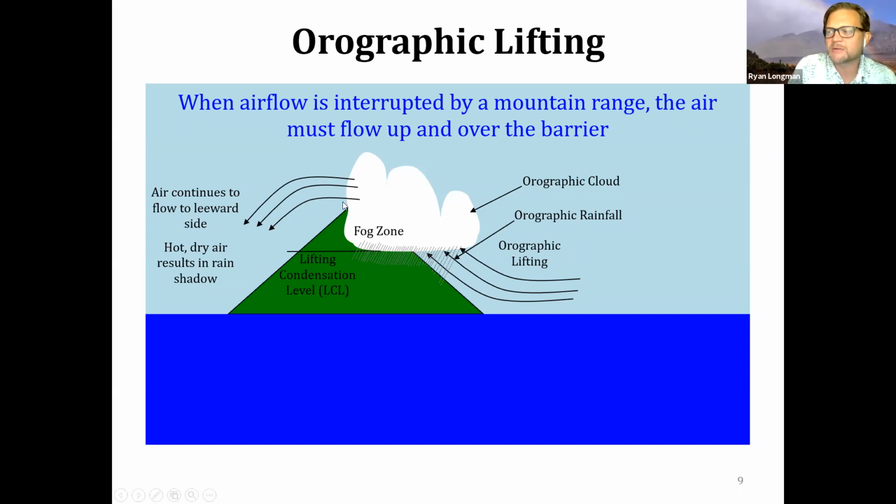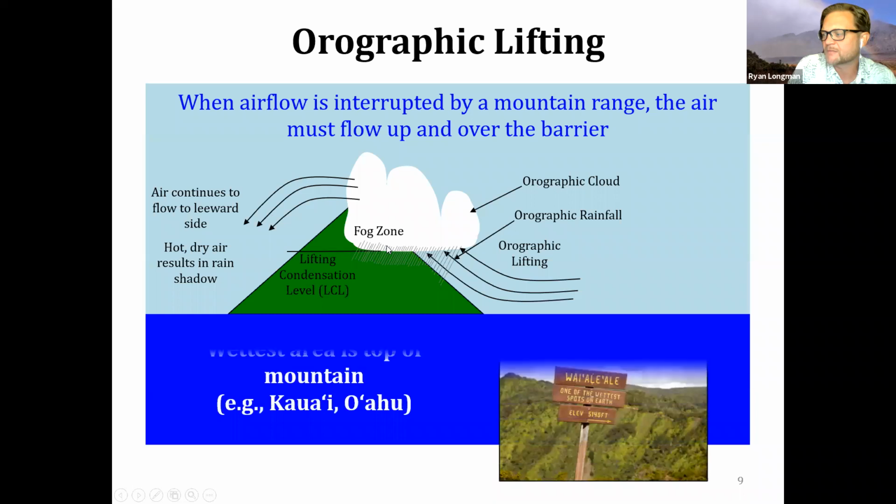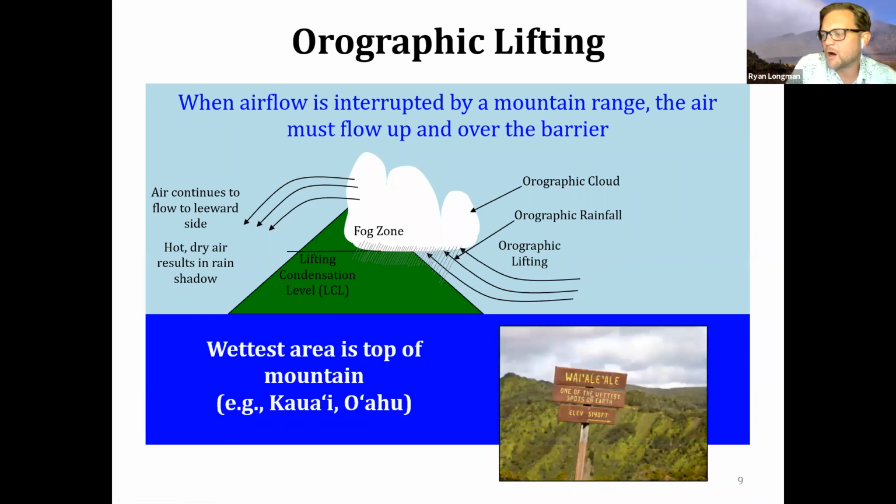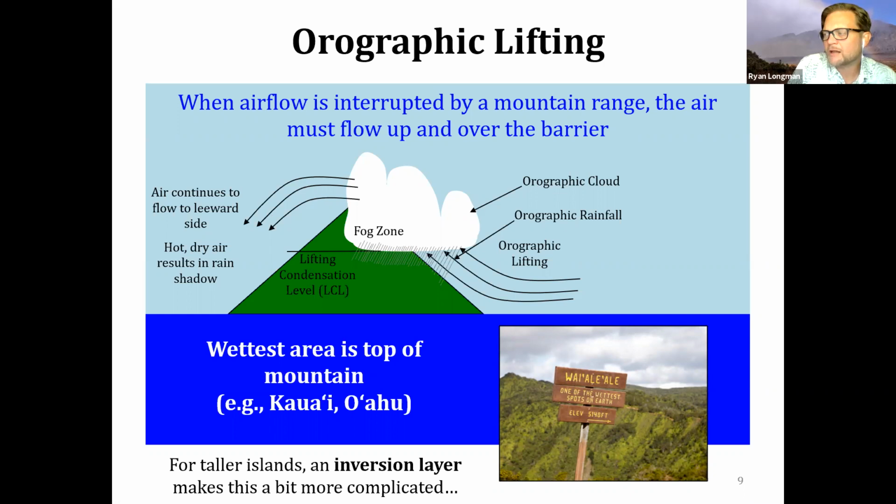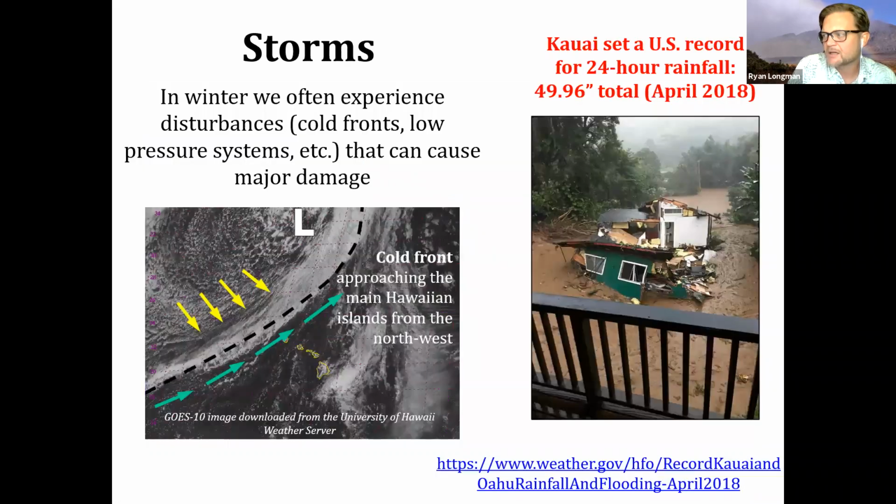So on the leeward sides of the islands, we have this warmer and drier air descending down. That's why it's a little bit warmer on the leeward side, because of that release of energy and that really dry, warm air that moves over the mountains. And so the wettest areas on Oahu and Kauai, the lower mountains, are the top of the mountain in this fog zone. And then for the taller islands, we have this other feature called the inversion, which I'll explain in a second.